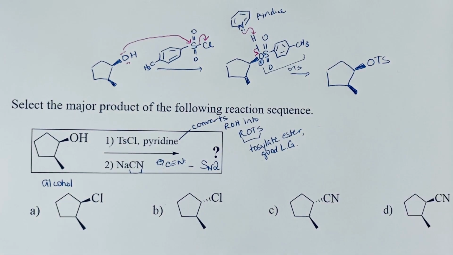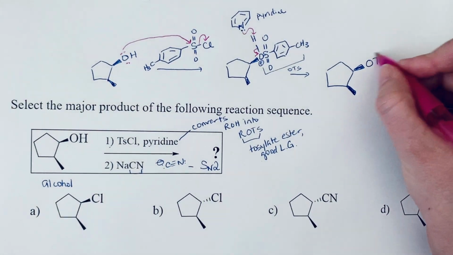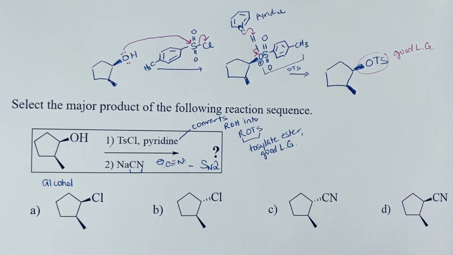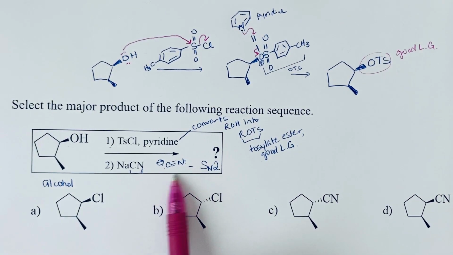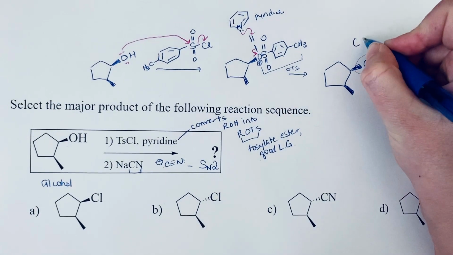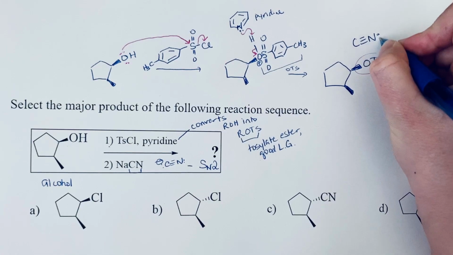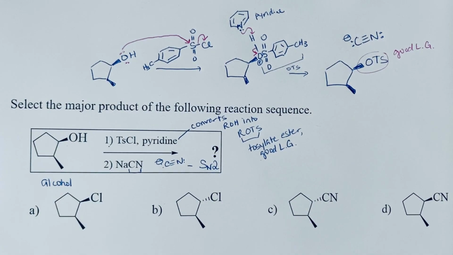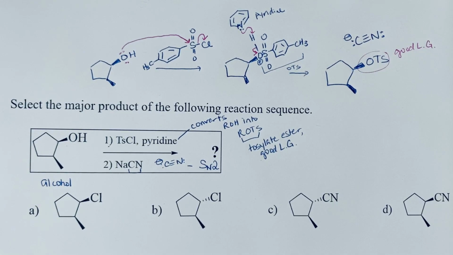Now that we've got a good leaving group, the tosylate, in your second step you have a good nucleophile, the cyanide ion, that can do an SN2 attack. So we can draw our cyanide ion. An SN2 is your concerted substitution. Essentially this nucleophile has got to come in from the opposite face of the leaving group.